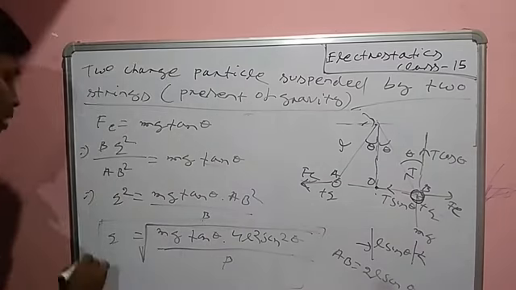So after this expression, we have to discuss the different types of positions of charge. That means circle or semicircle, or a point chosen from the center of the circle.